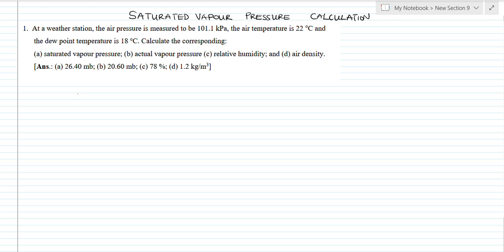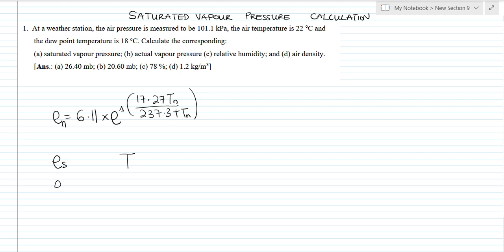The relation that we are going to use is E is equal to 6.11 times e exponent, open bracket, 17.27 T over 237.3 plus T. Now, if I use ES, then the T would be the normal T. But if I use E, then the T will be TD.